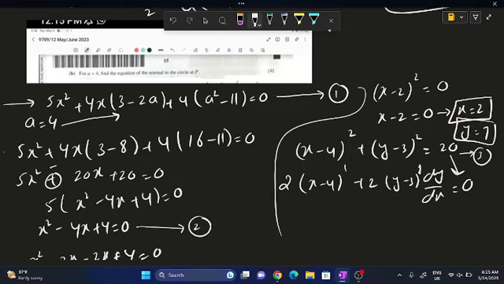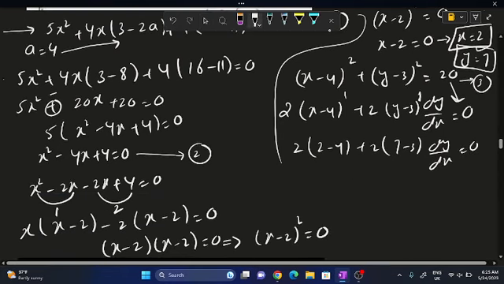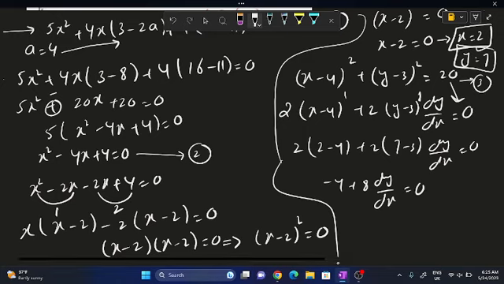I have to plug in the relevant values of x and y in this expression now. After putting the values, I have 2 times (2 minus 4) plus 2 times (7 minus 3) dy by dx, and it gives me minus 4 plus 8 dy by dx, which is equal to 0, and my dy by dx will be 4 by 8, which is 1 by 2.